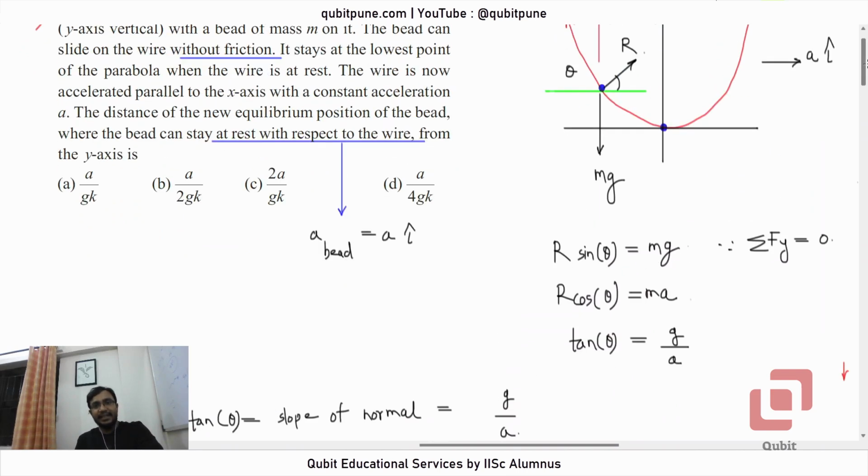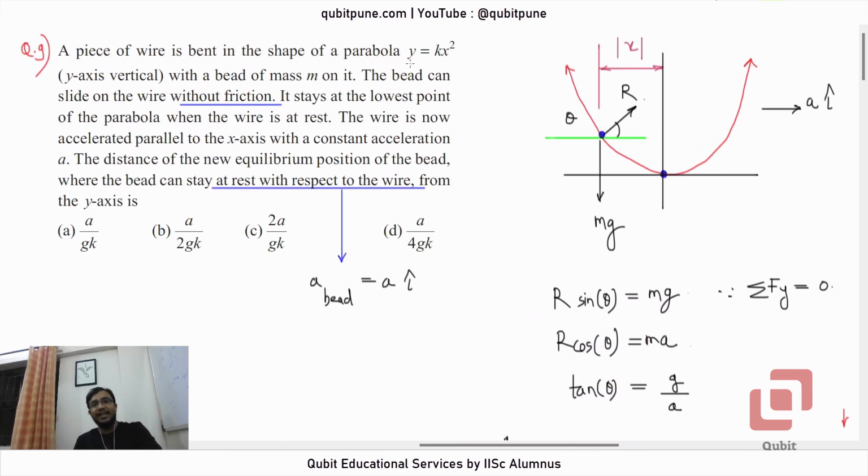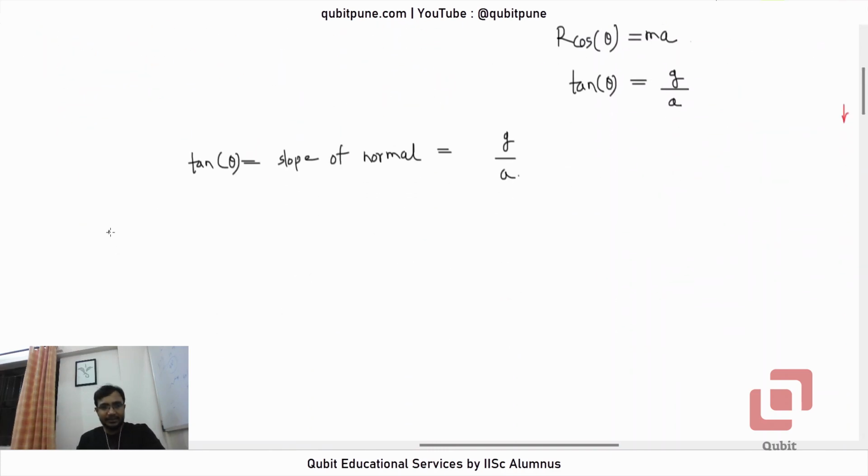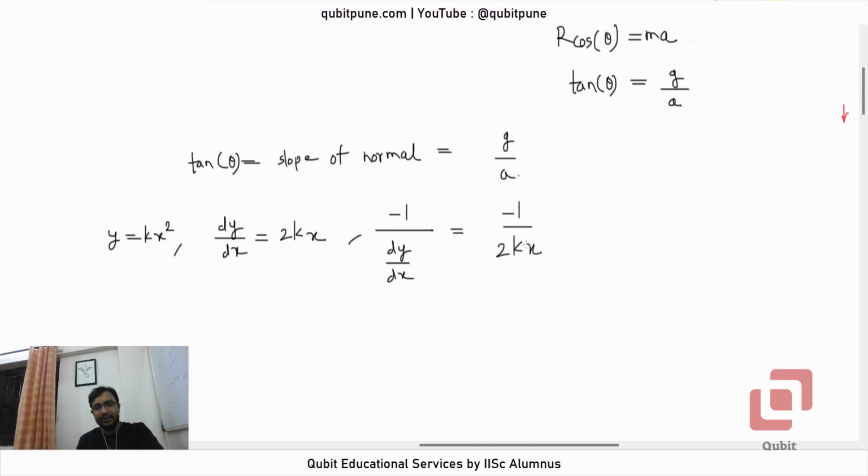But we know from the theory of calculus that the slope of the tangent is dy by dx. So y equal to kx squared gives dy by dx as 2kx. So negative 1 upon dy by dx, which is the slope of the normal, will be negative 1 upon 2kx.